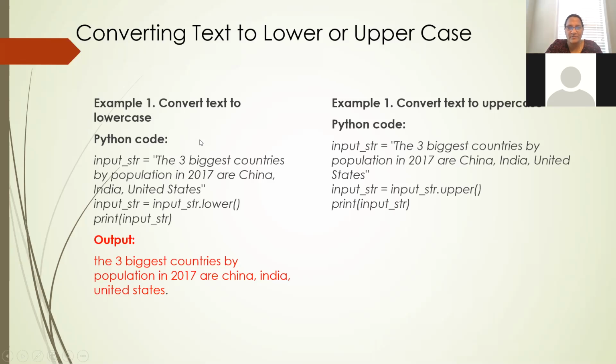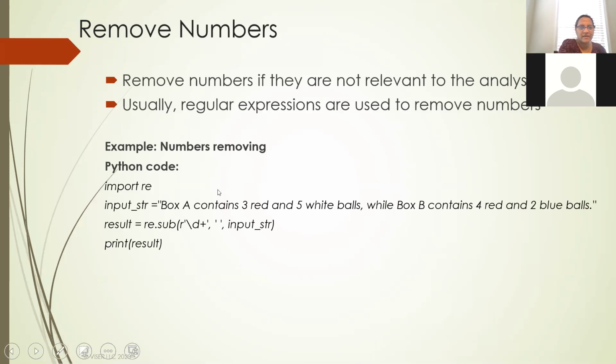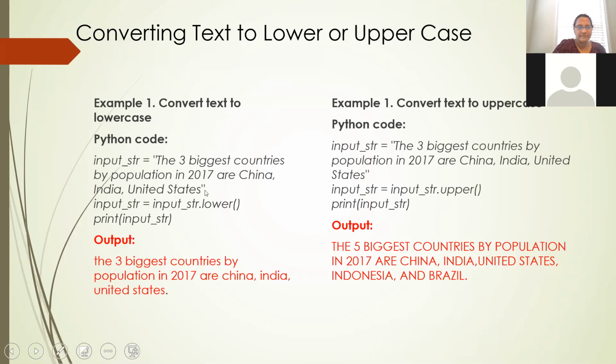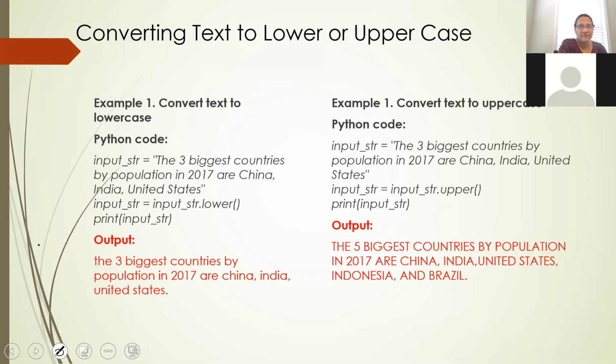In this left-hand side program, we are converting the whole input text into lowercase. The function to do this is dot lower. Now we have not yet started using the NLTK library.